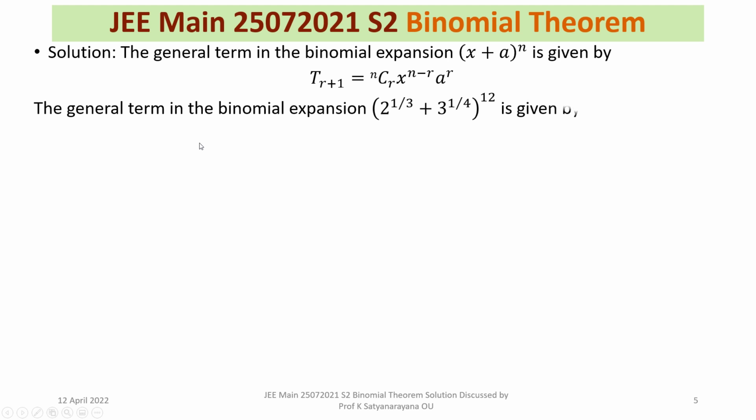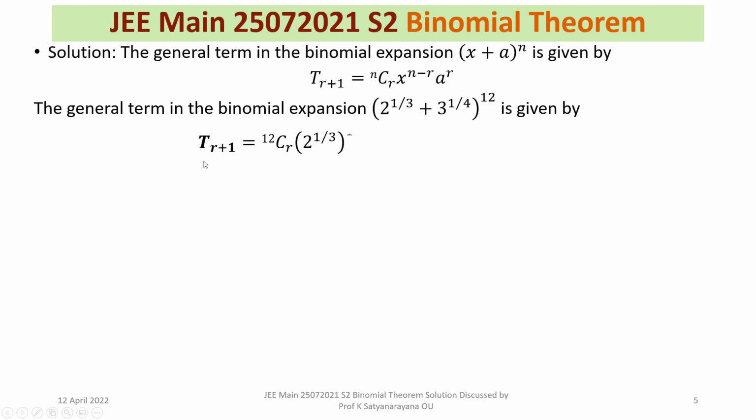And in our case, the general term in the given binomial expansion (2^(1/3) + 3^(1/4))^12 is given by the following. In the above, we put n equal to 12, x equal to 2^(1/3) and a equal to 3^(1/4).